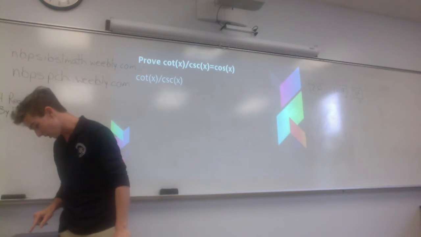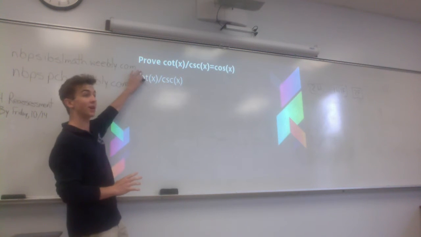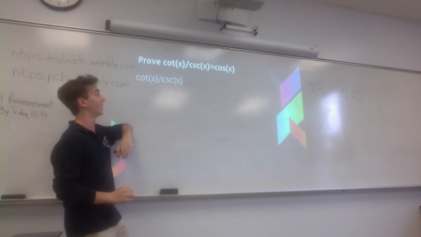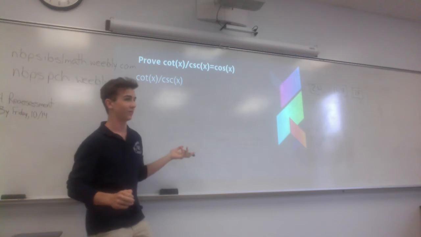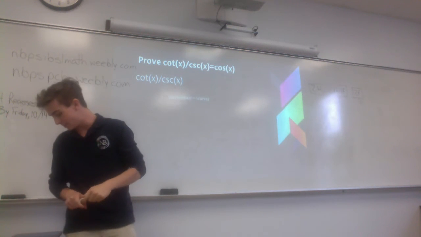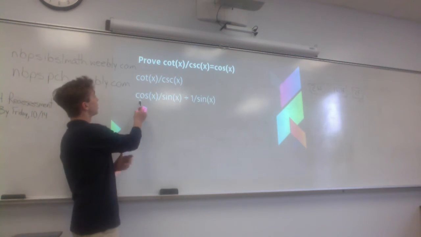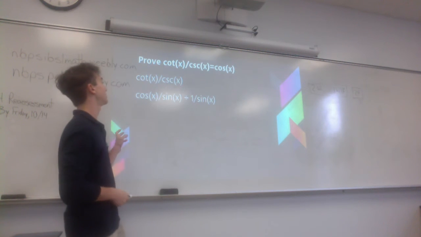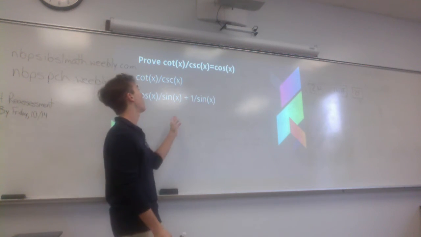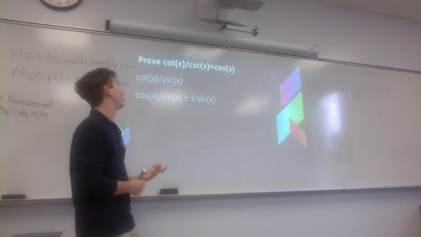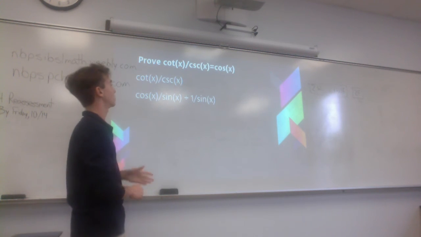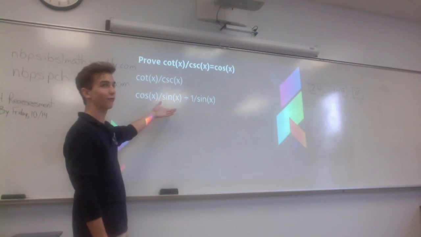So that equals, we're gonna use this side because it's the less complicated side, and there's really nothing to manipulate with that. So we have cosine x divided by sine x, divided by 1 over sine x. So we're just dealing with division of fractions now.